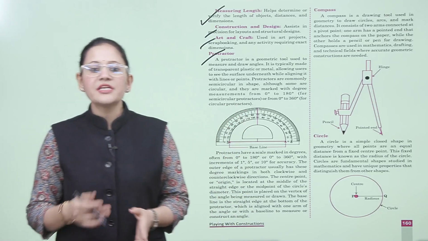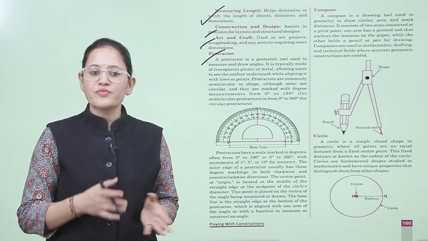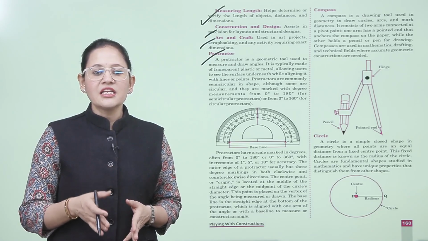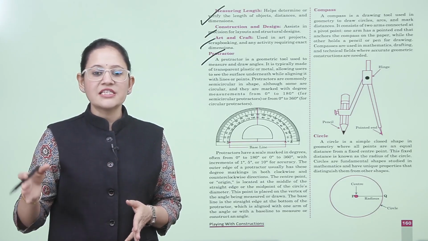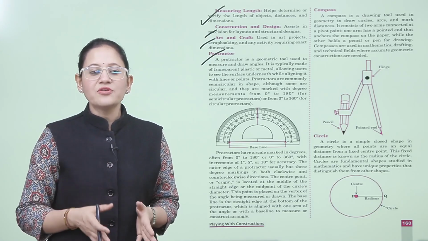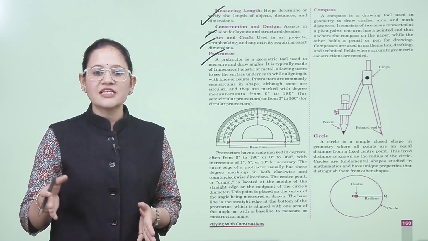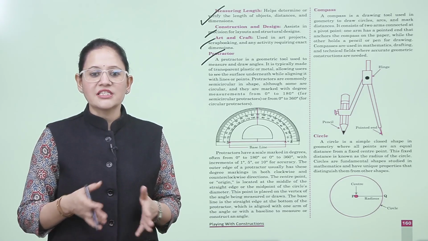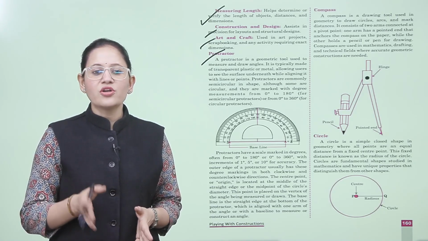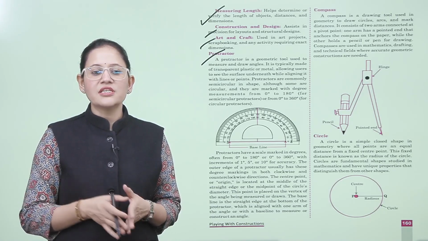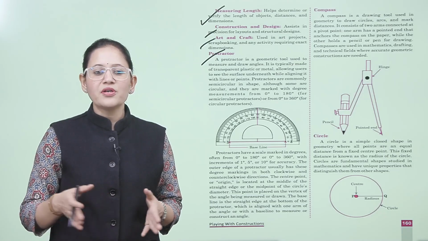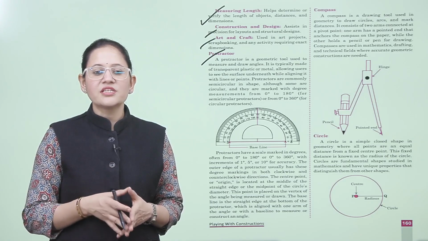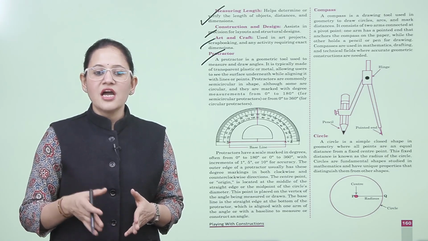Clear? A protractor has a scale marked in degrees, often from 0 to 180 degrees and 0 to 360 degrees, with increments of 1 degree, 5 degrees, 10 degrees for accuracy. The outer edge of the protractor usually has these degree markings in both clockwise and counterclockwise directions. The center point or origin is located at the middle of the straight edge, the midpoint of the circle's diameter. This point is placed on the vertex of the angle being measured or drawn.